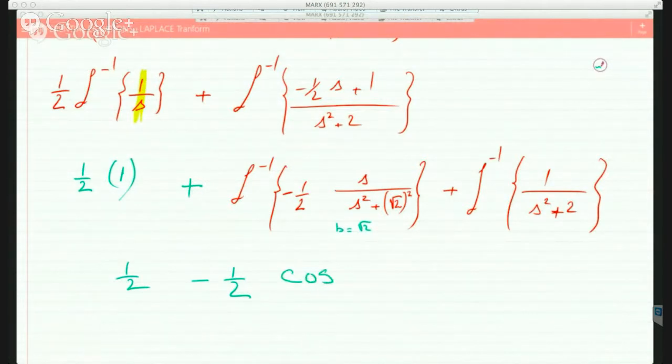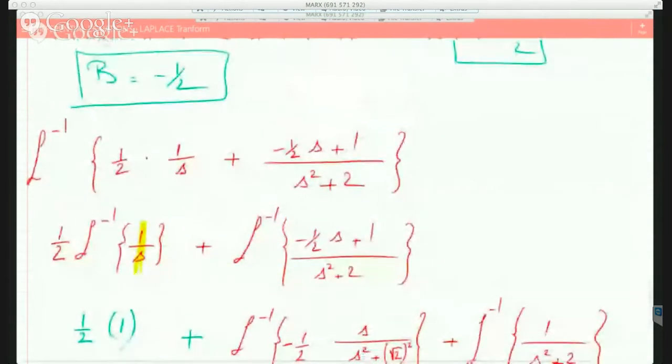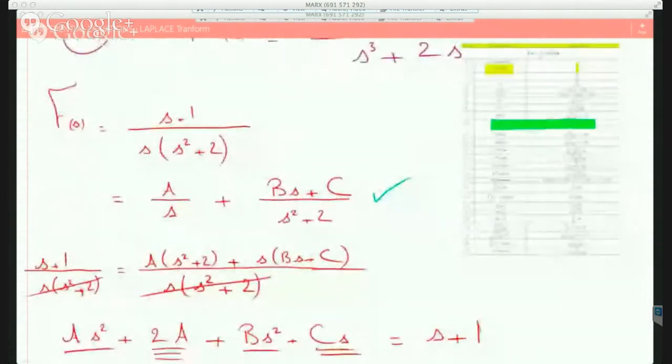So this becomes cosine root 2t, according to the table. Or cosine at, and in our case, a is just root 2.